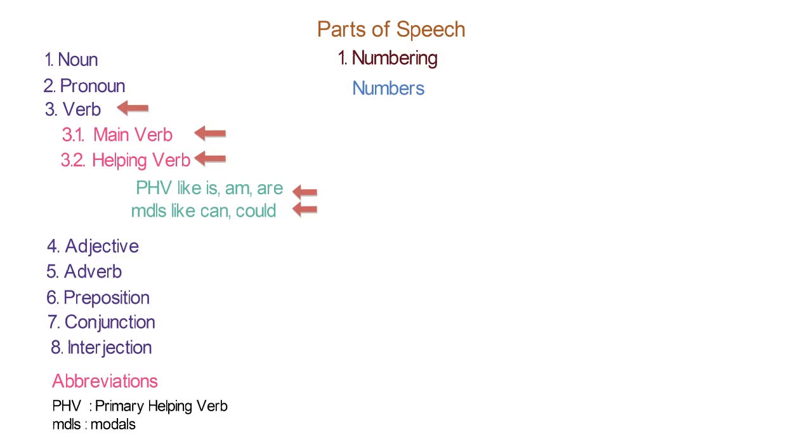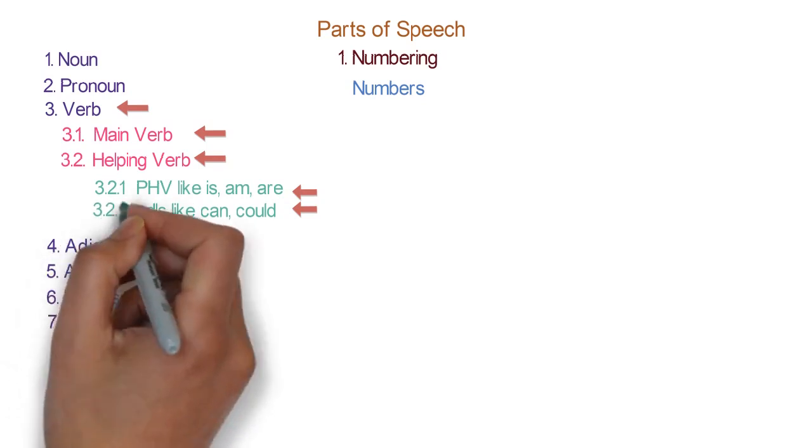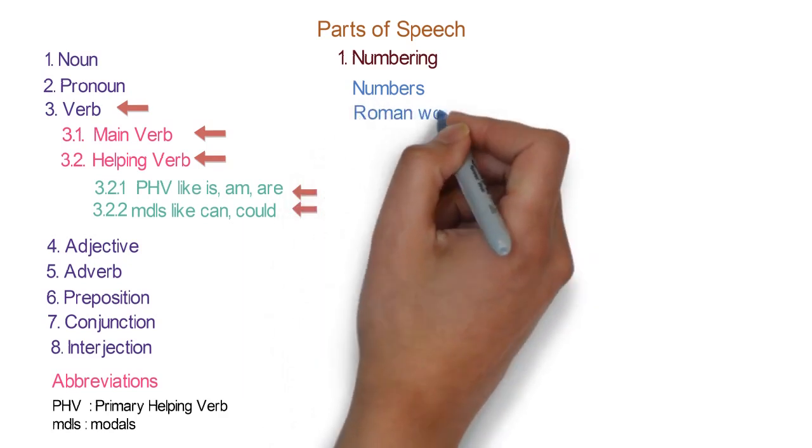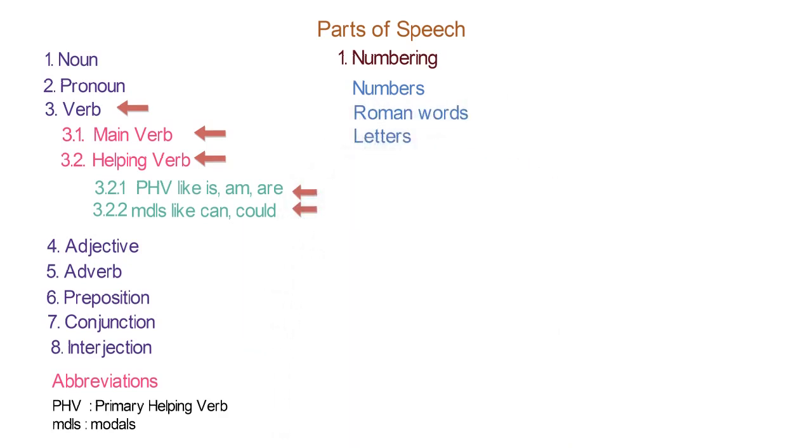And primary helping verb will have 3.2.1 and modals will have number as 3.2.2. Here we have used numbers for subheadings, subpoints and sub-subpoints. You may mix the number with Roman numerals and letters as well, but I prefer numbering system. So this is point number 1, numbering.